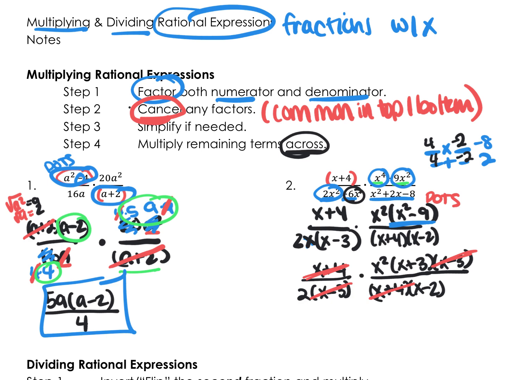Because it would have to be the whole factor, x minus 2. So you can't cancel that. So we just write together what's in the top. Everything in the top gets multiplied together. So what's left in the top is x squared times x plus 3. And in the bottom, we have 2 and x minus 2, so we just put that all together in the bottom.